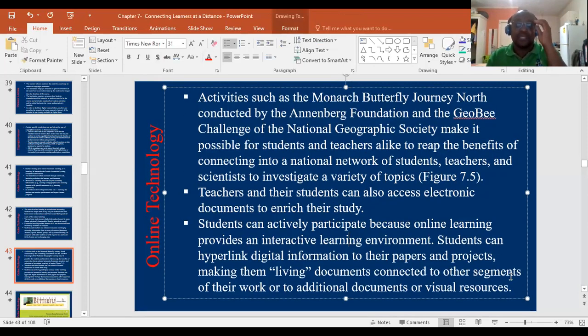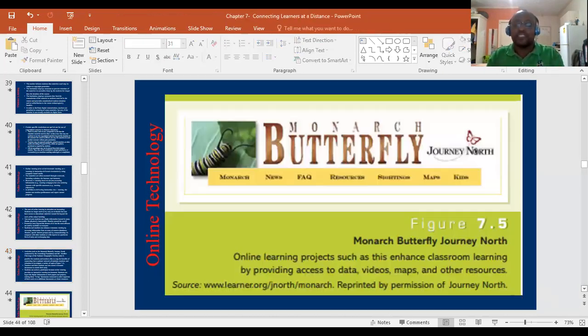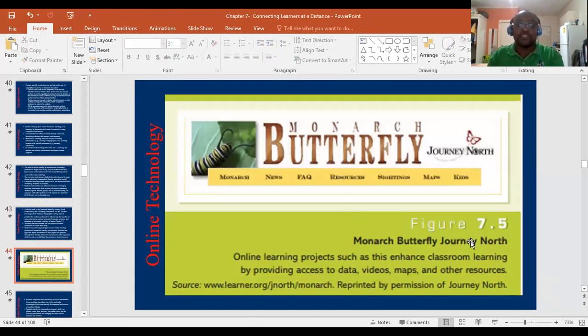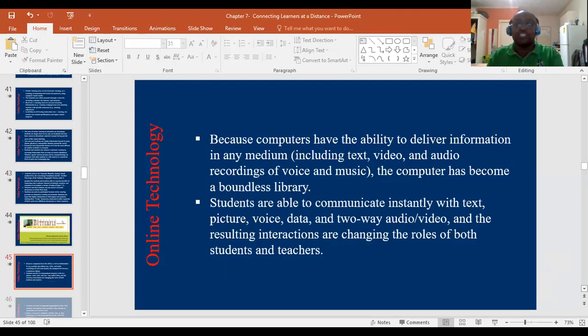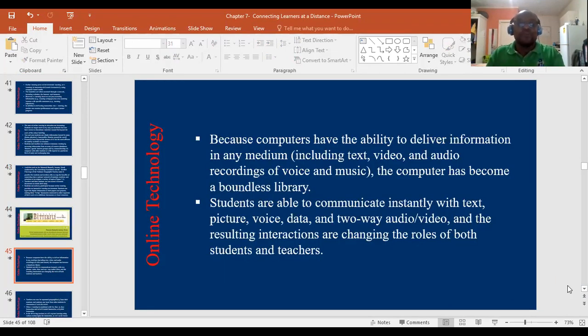And a typical example is actually shown on this particular image here, right? Because computers have the ability to deliver information in any media, including text, video, and audio recordings of voice and music, the computer has become a boundless laboratory.